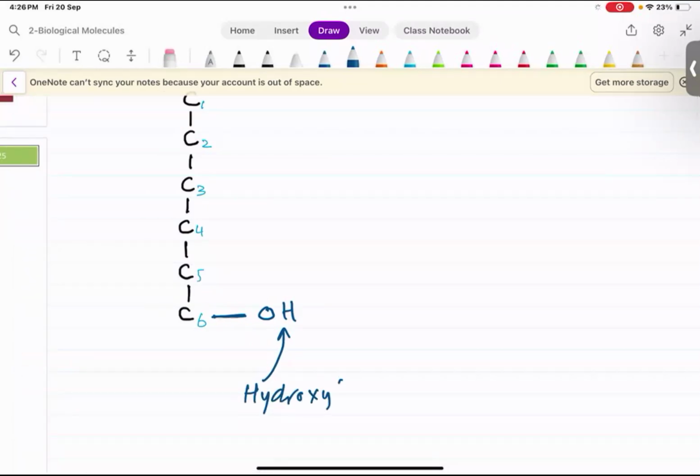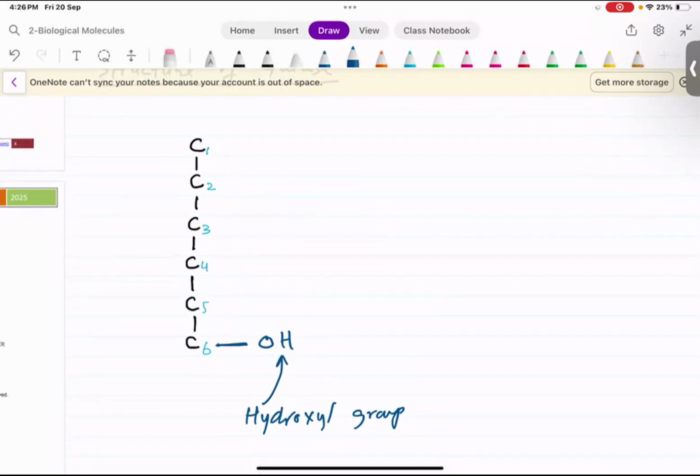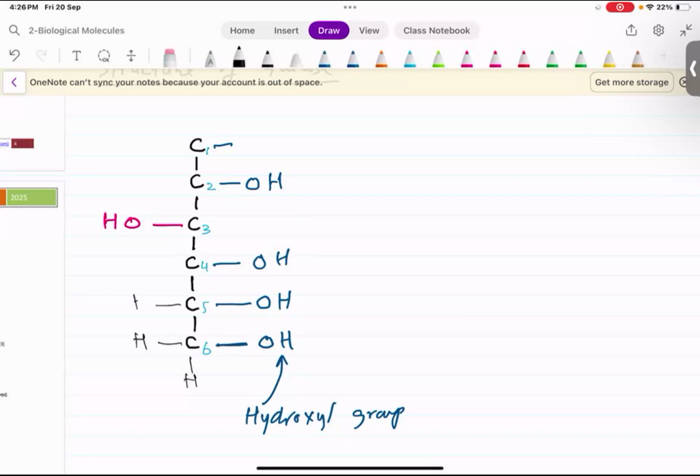And there are hydroxyl groups with every carbon on the right side except carbon number 3 and carbon number 1. Carbon number 3 has an OH group on the left side, and all the rest should have hydrogen to complete their valency, which is 4.